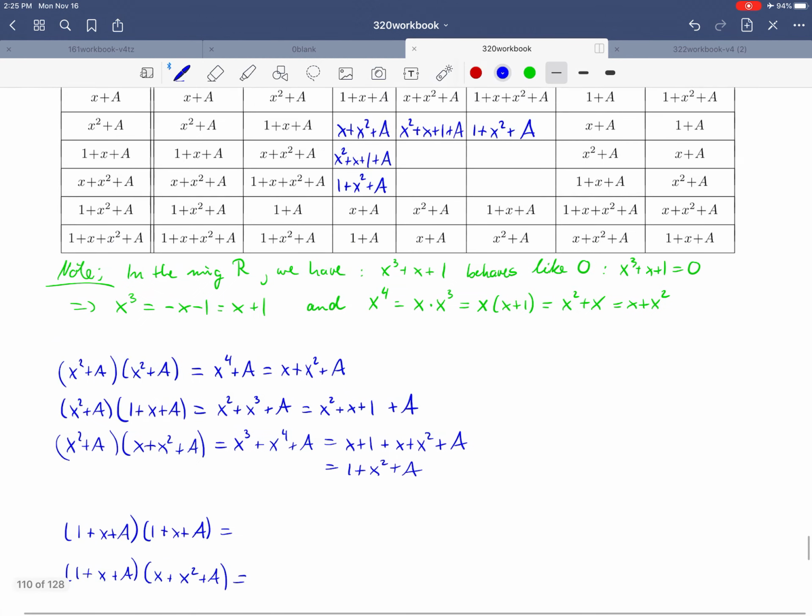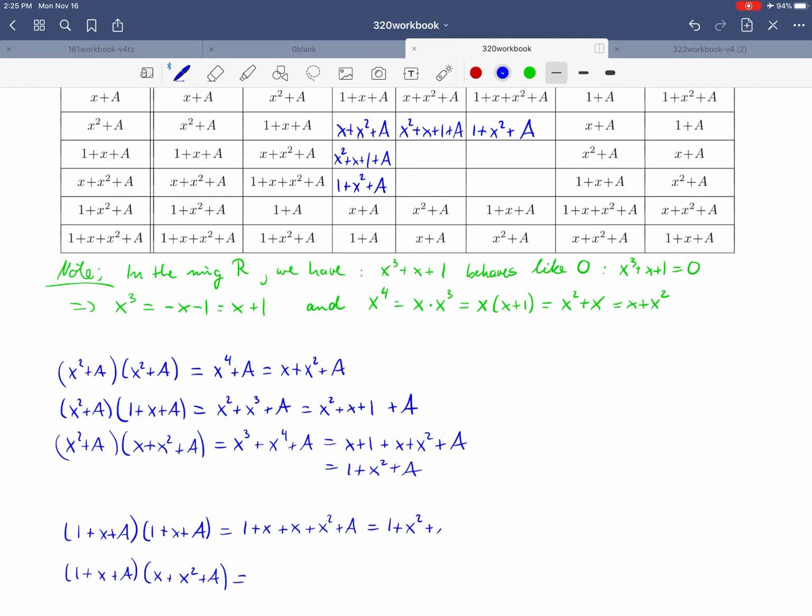And then what's next? So we have 1 plus x plus a times 1 plus x plus a. That is 1 plus x plus another x plus an x squared plus a. But again, x plus x is 0. So this is 1 plus x squared plus a.